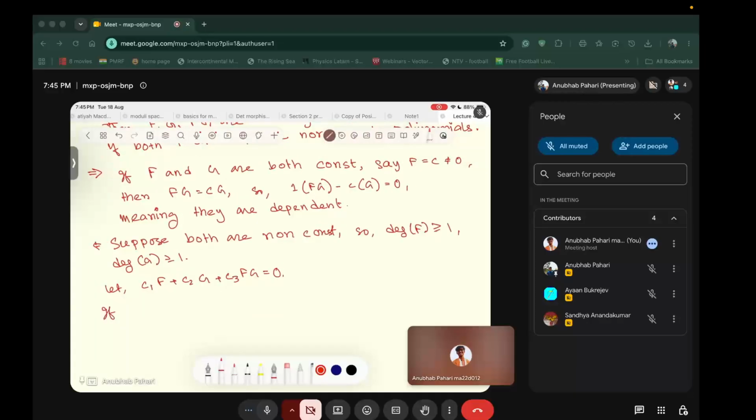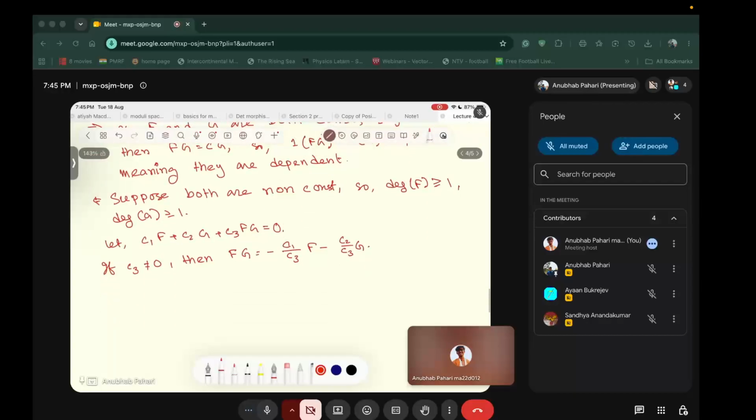Now if c3 not equal to 0, then fg equals minus c1 by c3 of f minus c2 by c3 of g. Now the degree of the LHS is degree of f plus degree of g, which is greater than the max of degree of f, degree of g.